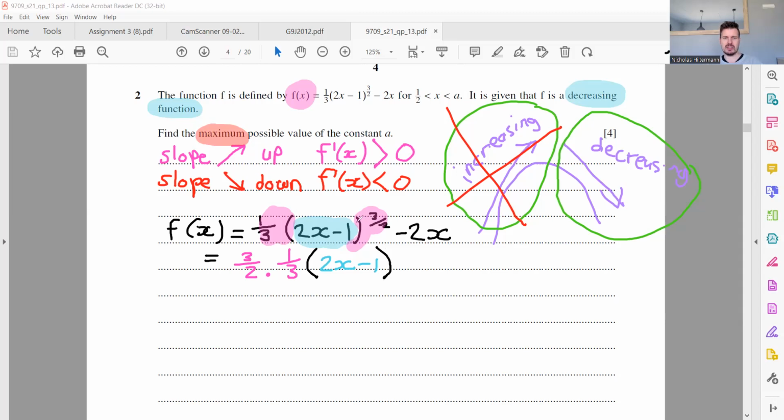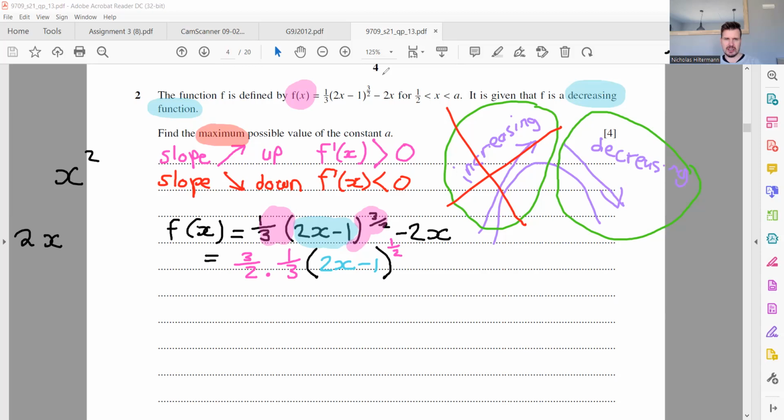And then because the inside-outside rule involves the power rule, if you have x squared, we say 2 times x, and then we take 1 off the 2, so it becomes 2x. So in a way, we're just doing the power rule with the outside. So the 3/2 goes in front, and then we take 1 off the exponent. So 3/2 minus 1 is a half. Check that on your calculator.